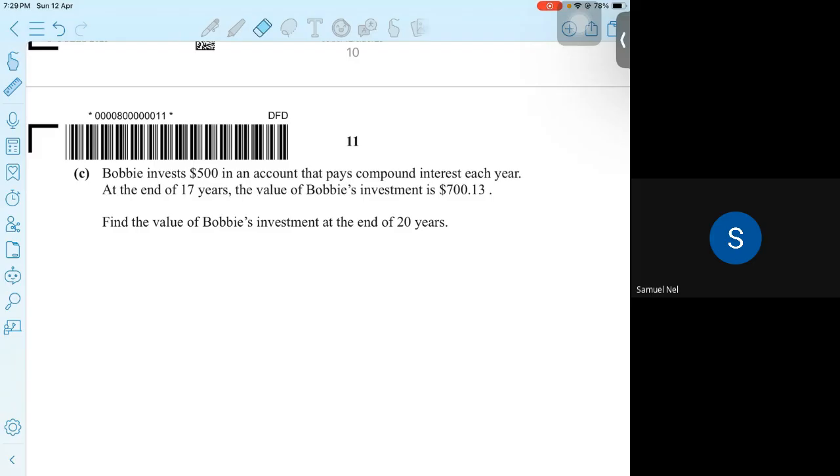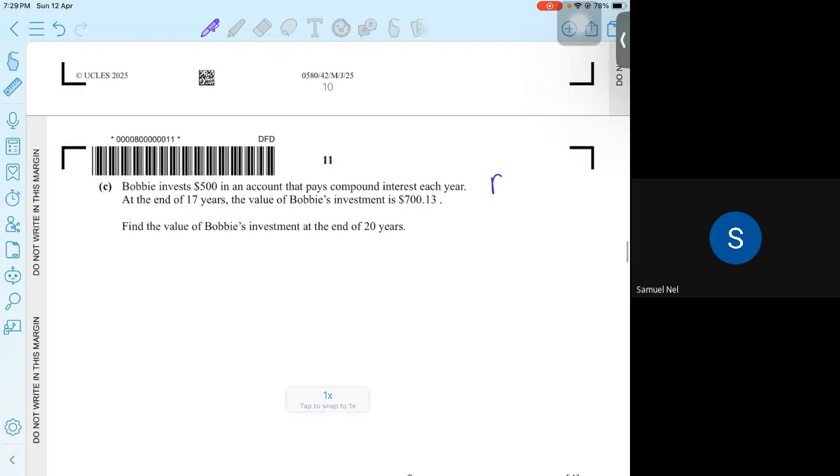The formula for compound interest is P(1 + R) to the power T. He invests 500, so our principal is 500, in an account that pays compound interest each year, so yearly. At the end of 17 years, so our time is 17 years, the value of Bobby's investment is 700.13. Again, this is the formula.